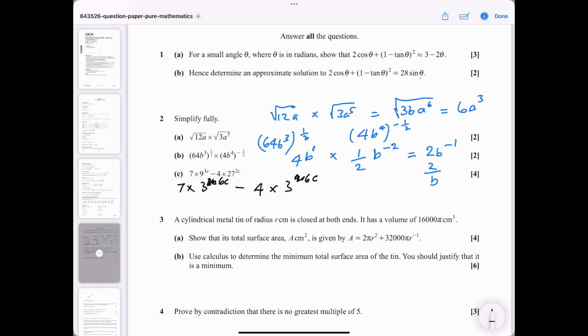Oh, so that is going to be 3 times 3 to the 6c. So that equals 3 to the 1 times 3 to the 6c, which I'm assuming equals 3 to the 6c plus 1. And I don't know if I can do anything else with that. So I'll leave that there.